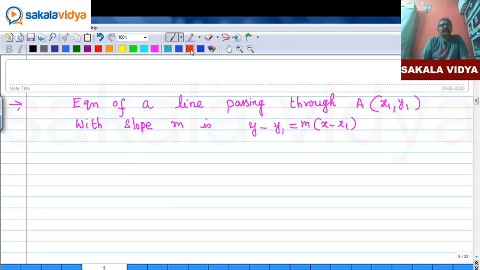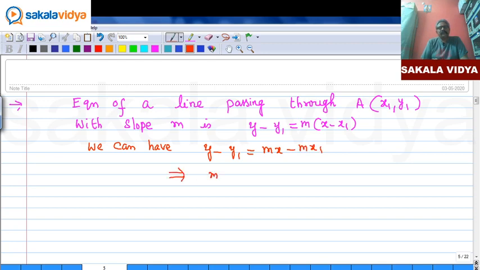So, let us simplify this one now. We have y minus y1 equals mx minus mx1.